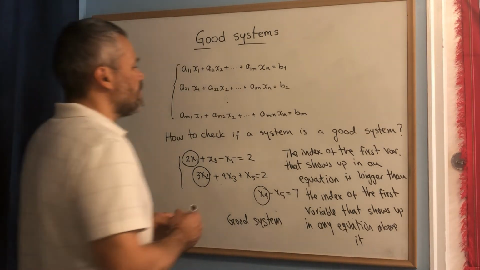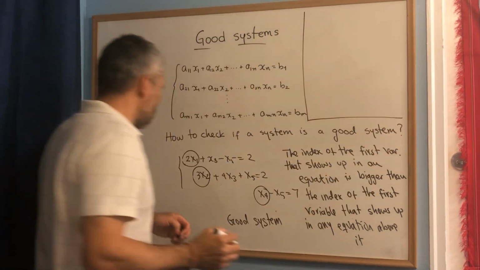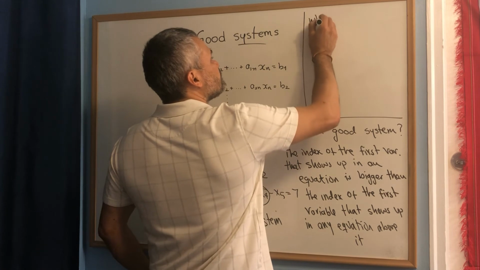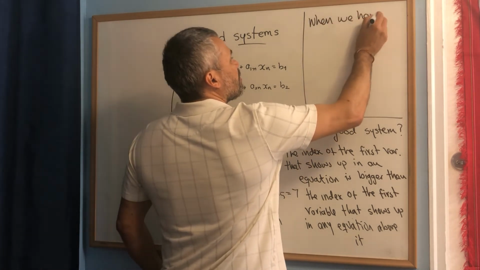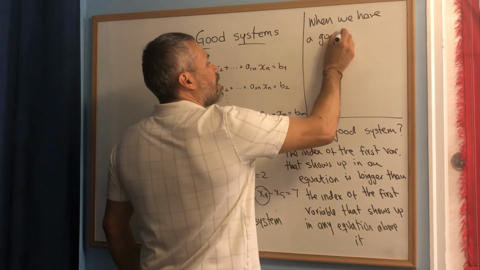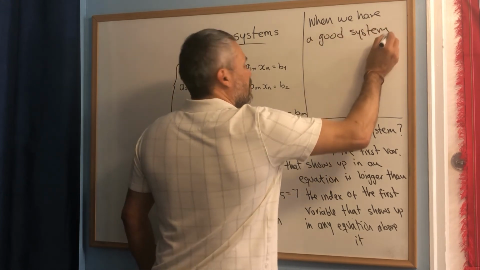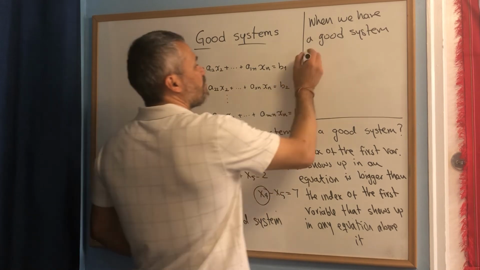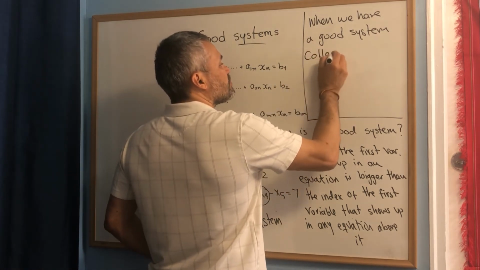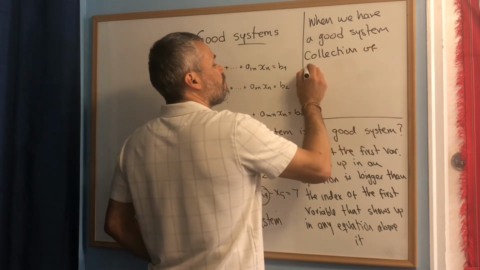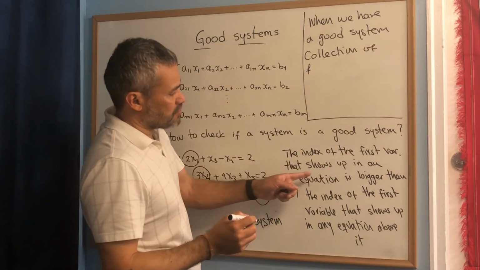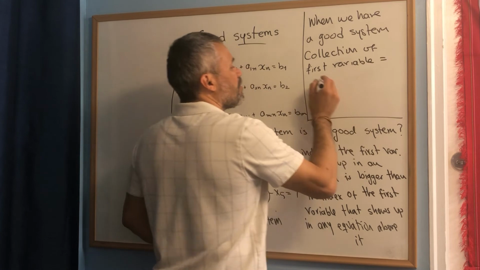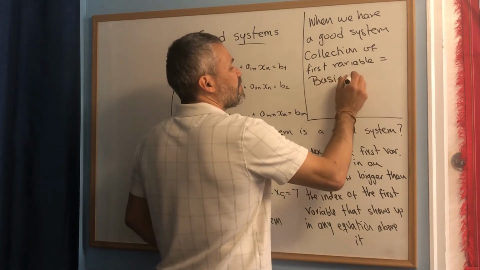Then let me refer to some notation. When we have a good system, this collection of first variables is going to be called basic variables.